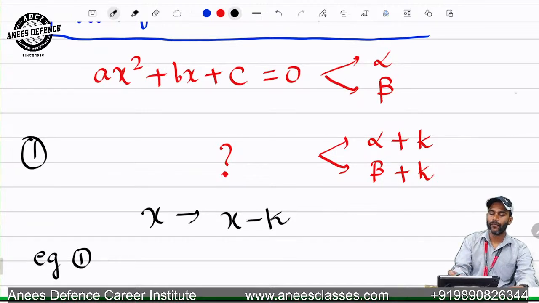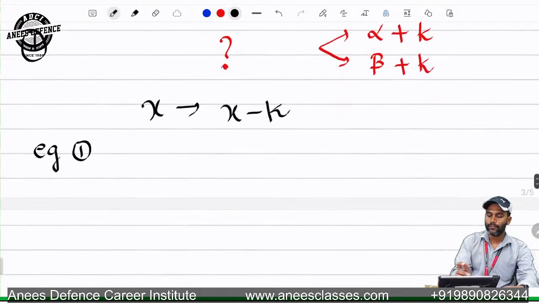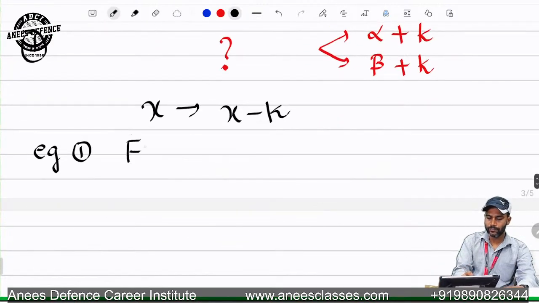Find the equation. Write down the question.